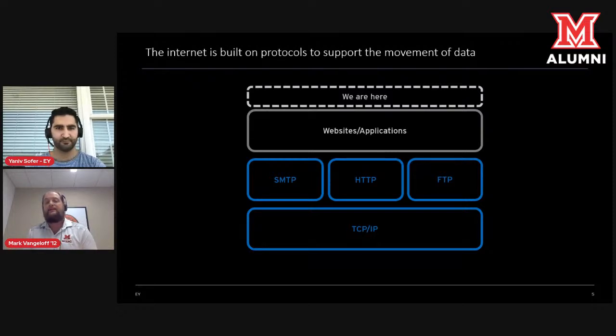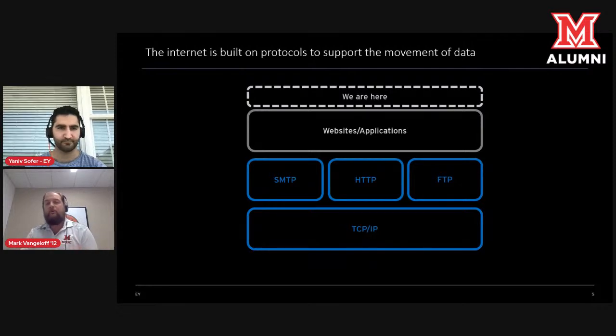And these protocols dictate how data is organized, how it's addressed, how it's transmitted, routed, and received as it travels across the internet. So, the simplified version of the internet stack here. I like this visual, right? One, because it's simple. I like simple visuals. But it also shows logically how the lower layers of the internet become increasingly abstract.